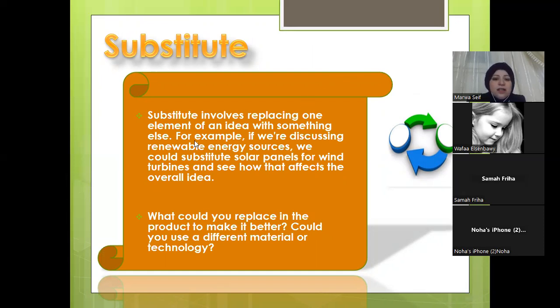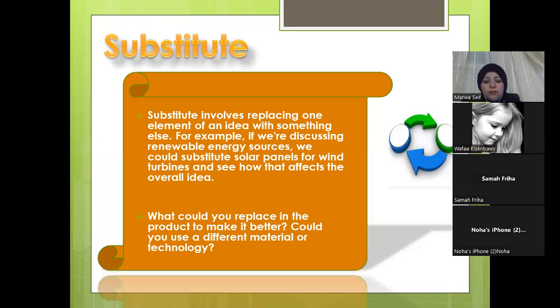All right. So, substitute, from its name. The group working on the substitute part of the SCAMPER technique is going to think about this question: what could you replace in a product? If you are working on a product, for example, and I want my students to think about how to improve the product, to solve the problem, to improve the idea, and so on, the questions to think about are: what could you replace in a product to make it better?